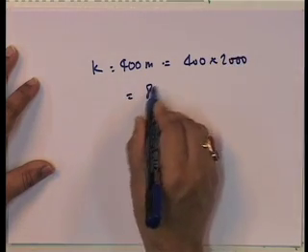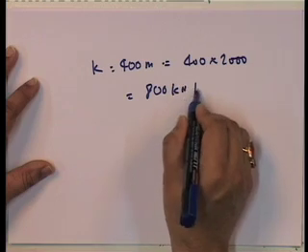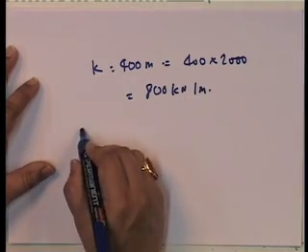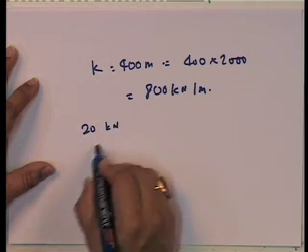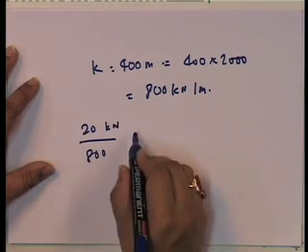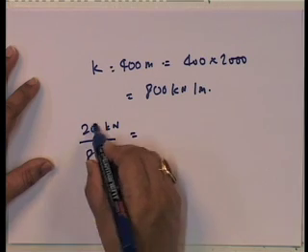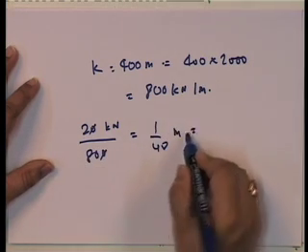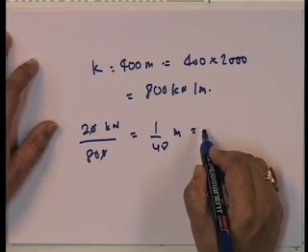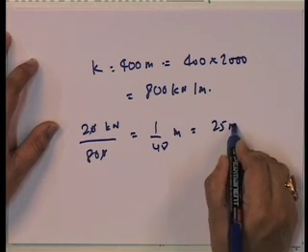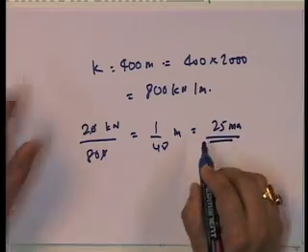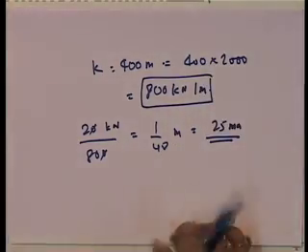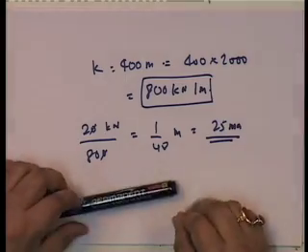Okay, so this becomes 800 kilonewton per meter. Under the load of 20 kilonewton upon 800 kilonewton per meter, how much does this go? 1/40th of a meter. 1/40th of a meter is equal to 25 millimeter, which is doable, 2.5 centimeter. Okay, this is a viable shock absorber system.